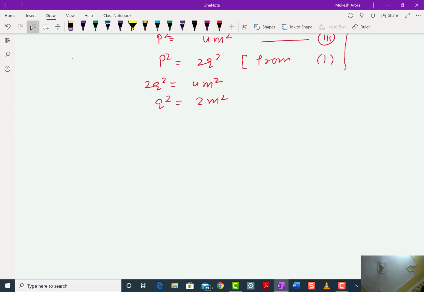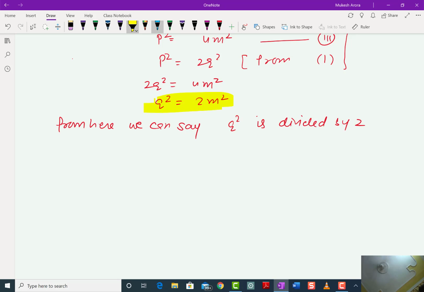That means from here we can say that q square is divisible by 2. Now q square is a multiple of 2, so q is also divisible by 2. This is 4.